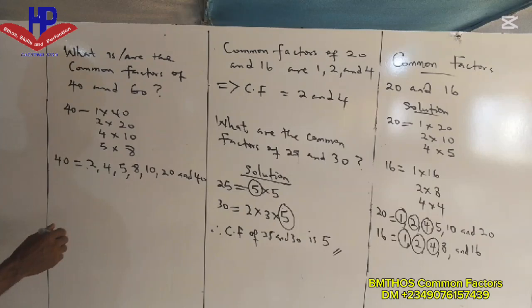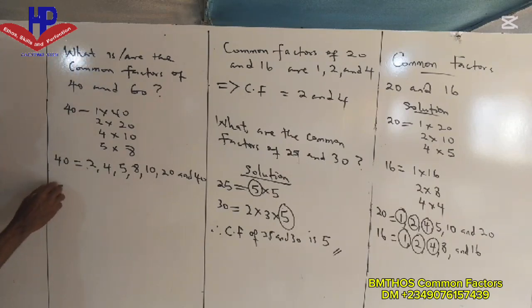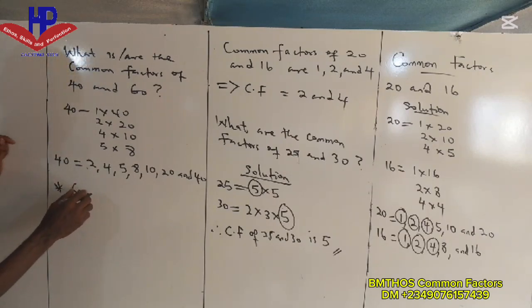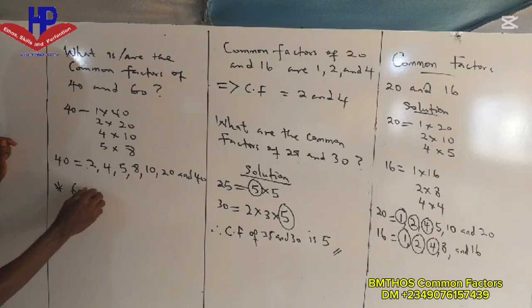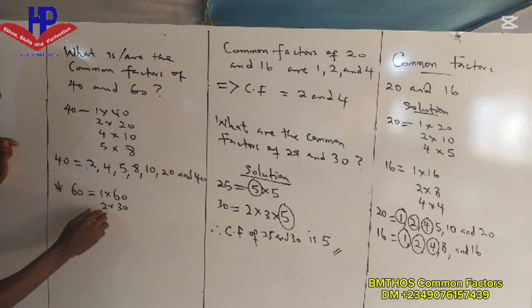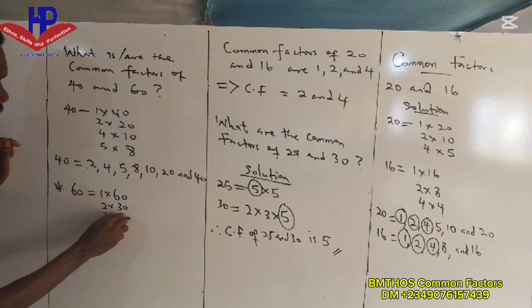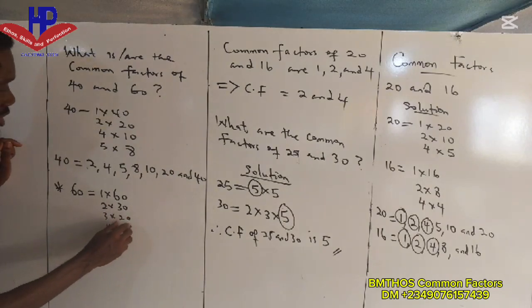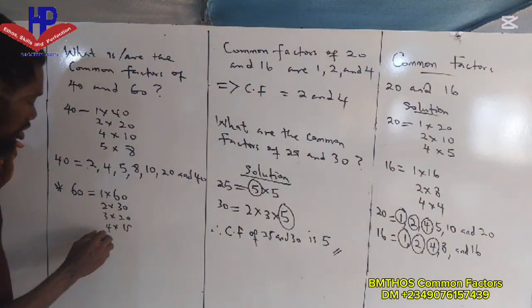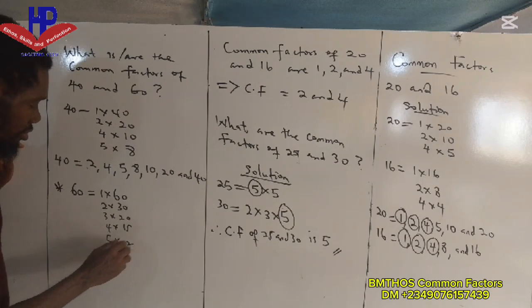Let's break 60 down. 60 is equal to 1 times 60, 2 times 30, 3 times 20, 4 times 15, 5 times 12, 6 times 10.